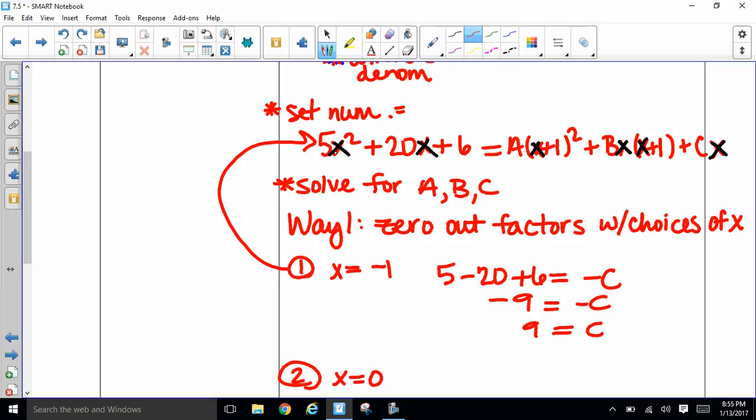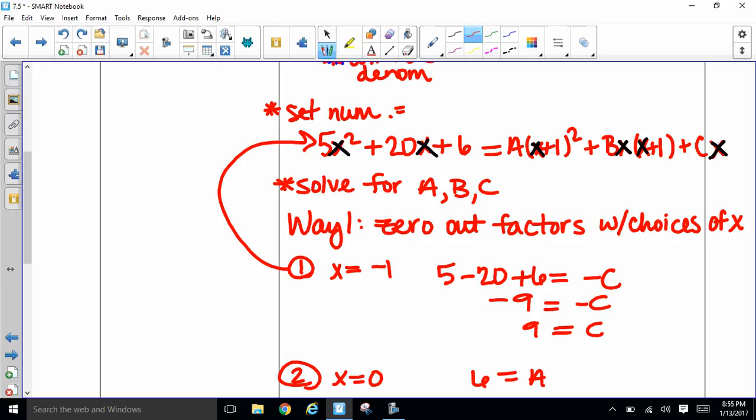Then the whole left side would turn into just 6 now, because everything with an x would zero out. Then I would have A times 1, because 0 plus 1 is 1, 1 squared is 1. Then I would zero out my B's, and I would zero out my C's, because they each had the x on its own. So that's how I can figure out that A is 6.